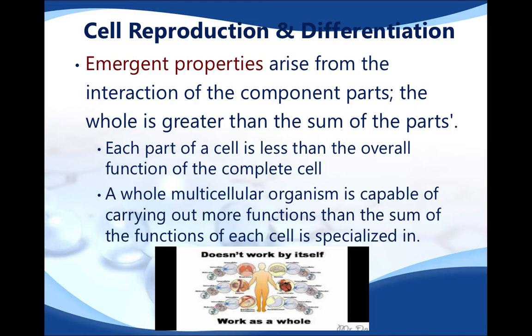So each part of a cell is less than the overall function of a complete cell, and much is the same with if you took the lungs out of a human. It has less significance when it is outside of the organism. So a whole multicellular organism is capable of carrying out more functions than the sum of all the functions of each cell is specialised in.